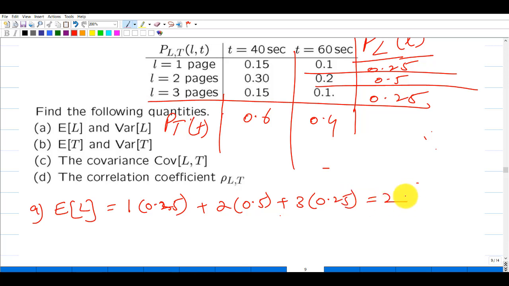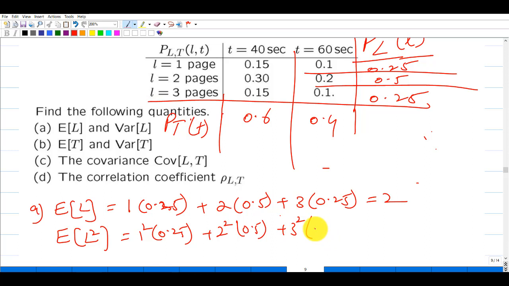So this sums up to be 2. And for the variance of L, we need to calculate the second moment, L square. That will be 1 square into 0.25 plus 2 square into 0.5 plus 3 square into 0.25, and that comes out to be 4.5.